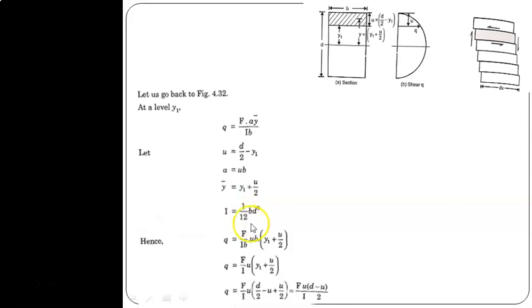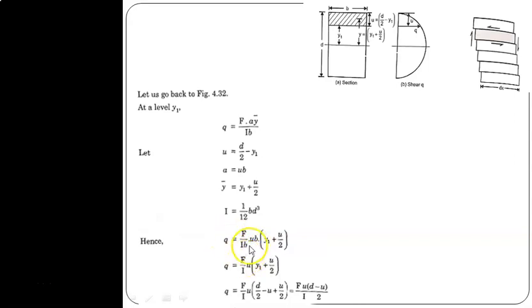So I is equal to 1 by 12 b d cubed. Therefore q is equal to F divided by I b into A y bar. A is the shaded area u b. Y bar is y1 plus u by 2, divided by I into b.